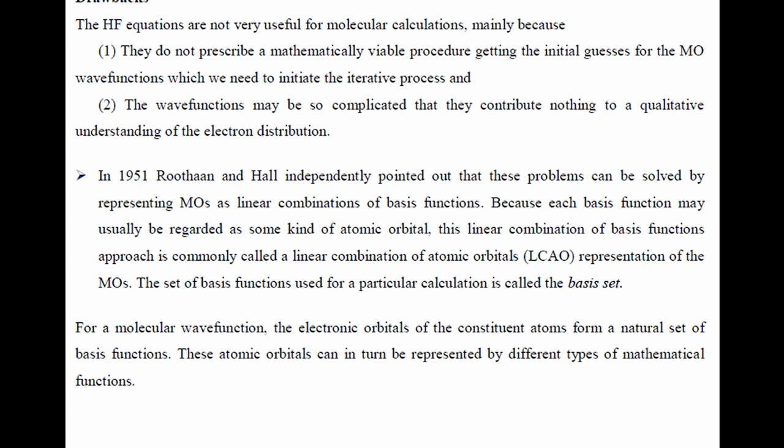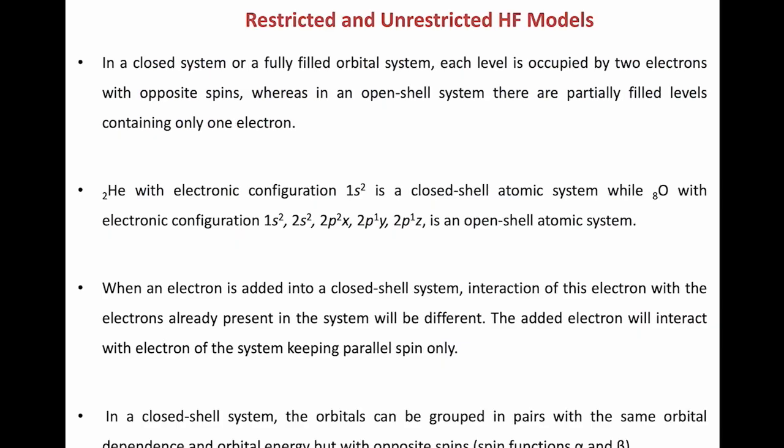The set of basis functions used for a particular calculation is called a basis set. For a molecular wave function, the electronic orbitals of the constituent atoms form a natural set of basis functions. These atomic orbitals can in turn be represented by different types of mathematical functions.